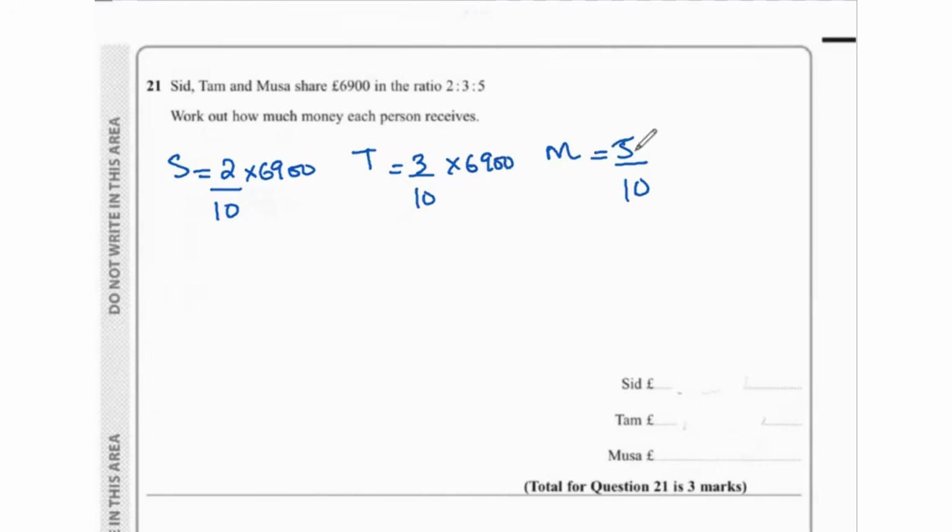And that would give us their individual shares. So for Sid, we're getting 1,380 pounds. For Tam, it's going to be 2,070. And for Musa, it's going to be 3,450 pounds. These are their individual shares.